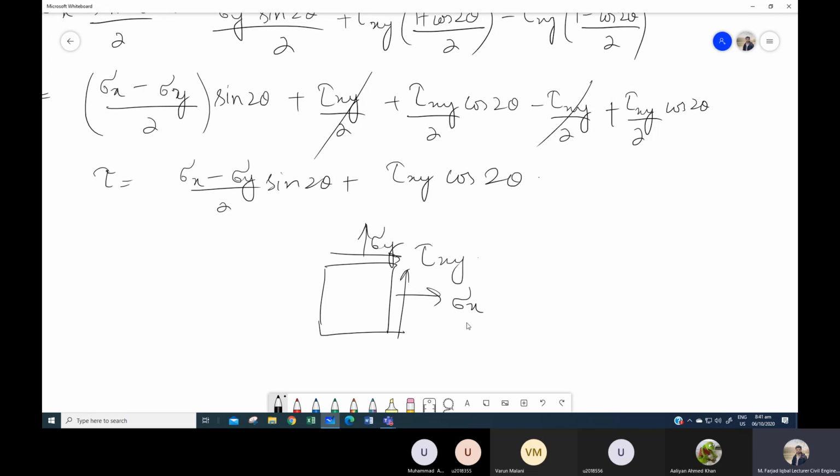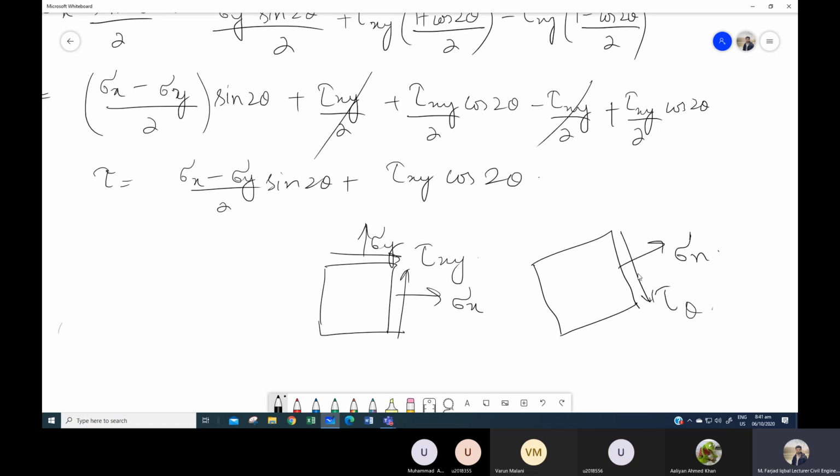So we have developed the formulation for the straight element and the inclined element. This is sigma n, for which we have developed this particular formulation, and this is again tau, let's call this tau theta.